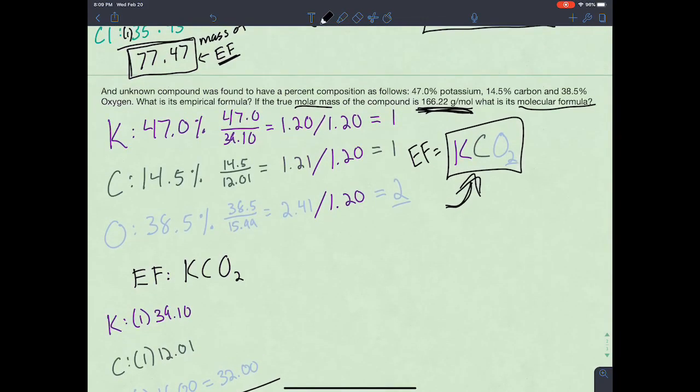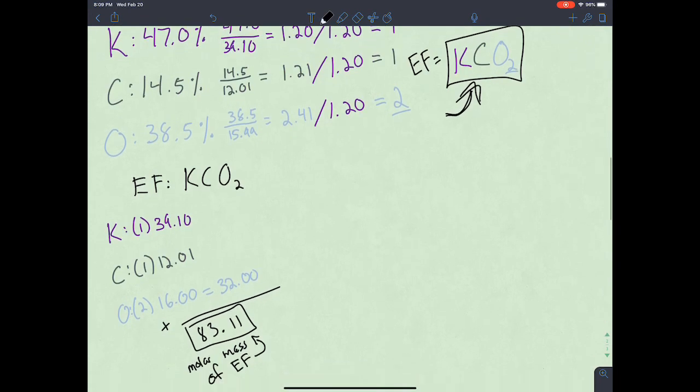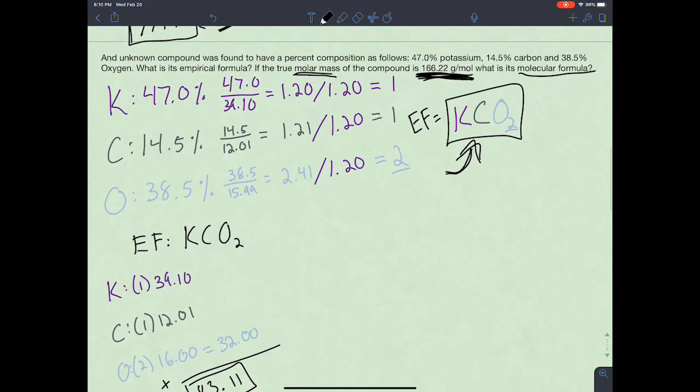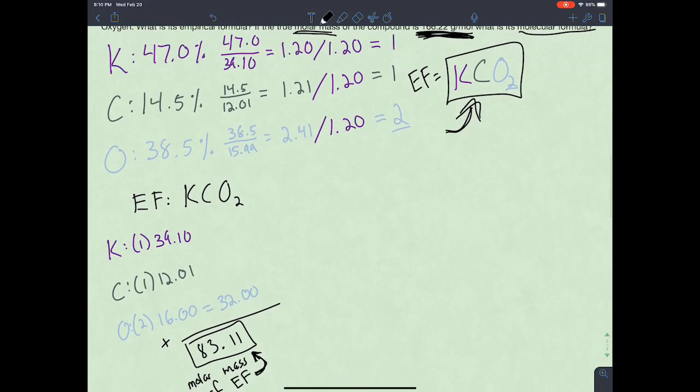Now up here I was given the molar mass of the molecular formula of the compound that I have. So the thing we're trying to figure out now is how many times does this empirical formula, the simplest whole number ratio of this compound, fit into the molecular formula that I actually have? How many times does this fit in?